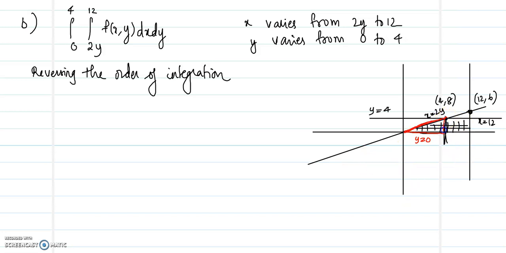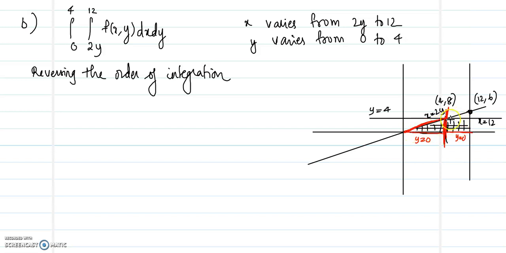Then x goes from 0 to 4 in that behavior. Now when you move from 8 to 12, here y is equal to 0 and here y is equal to 4. That is, it moves up to the line y equal to 4.